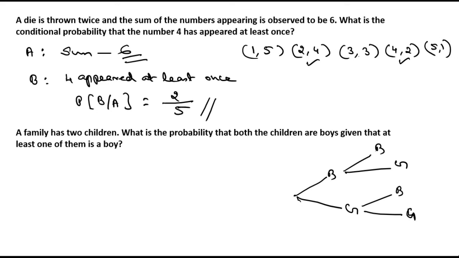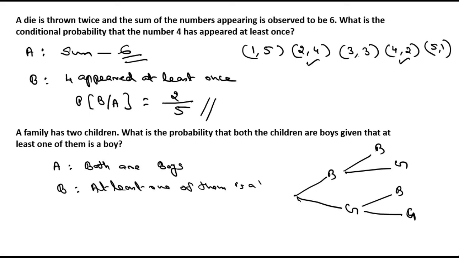Both children are boys, that is what you want to find out. So A means both are boys. B means at least one of them is a boy. We want A given B.